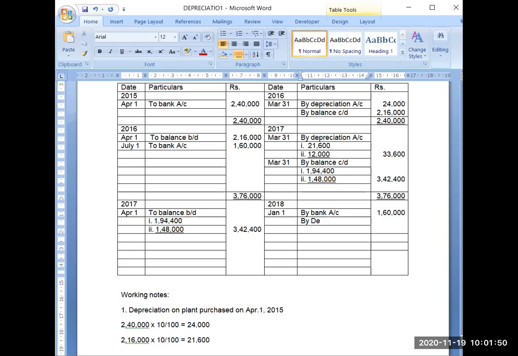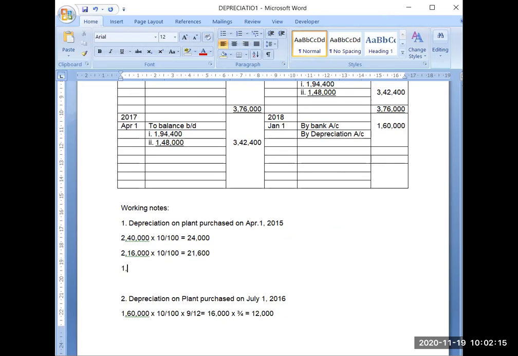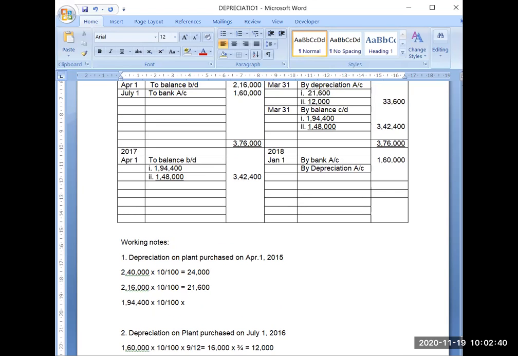By depreciation account. Now the written down value of this plant is 1,94,400, multiplied by 10 upon 100, multiplied by, we have to count the time.